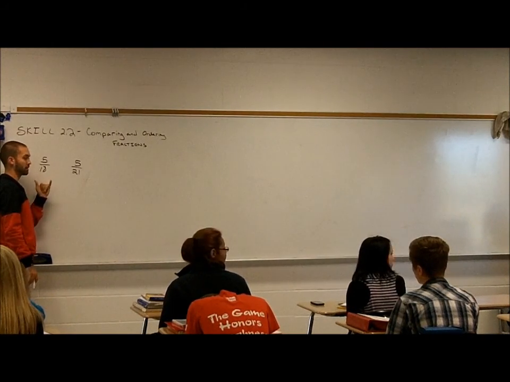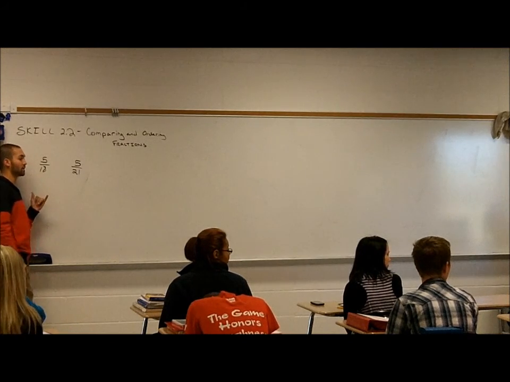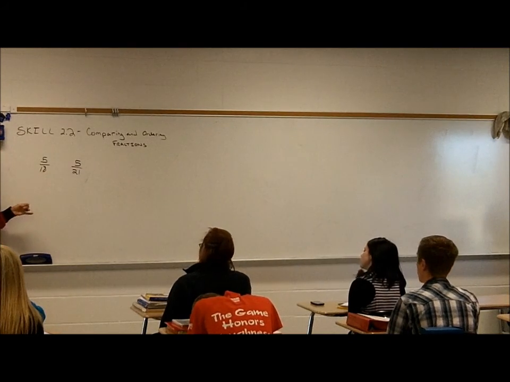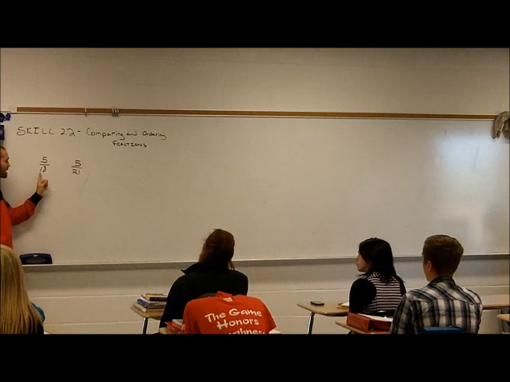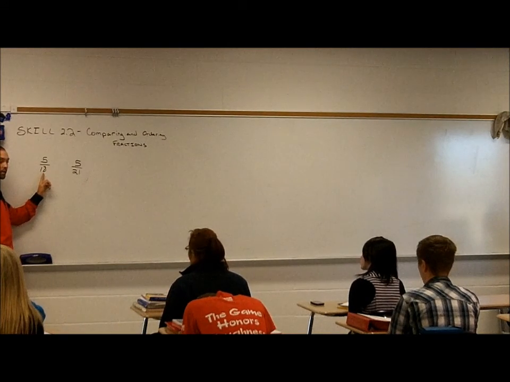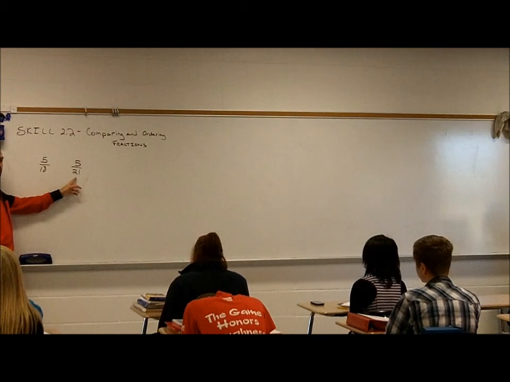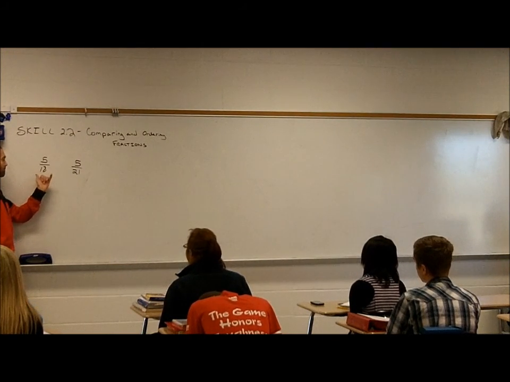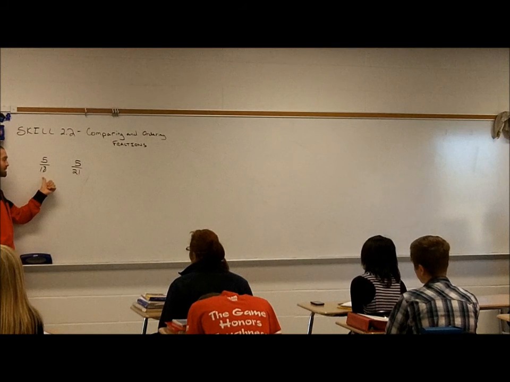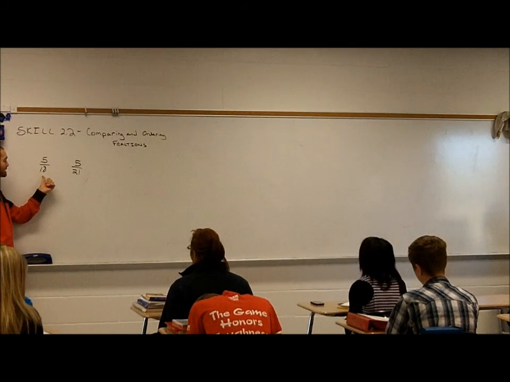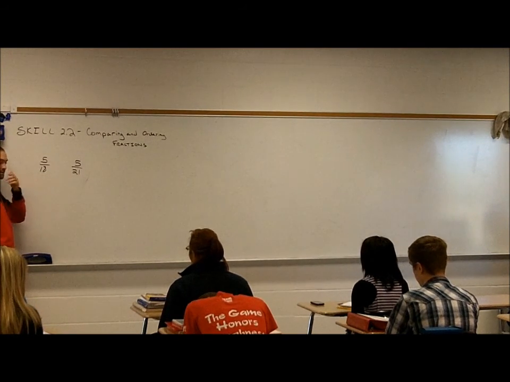Caleb, what does the denominator stand for? Total number of slices. So, how many slices does this pizza have? 18. How many slices does this one have? 21, right? Sam, which slice is going to be bigger? The slice with 18 slices or the slice with 21 slices?